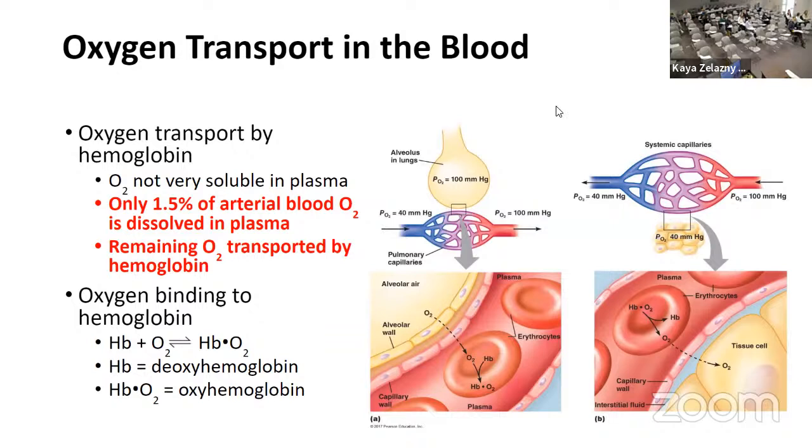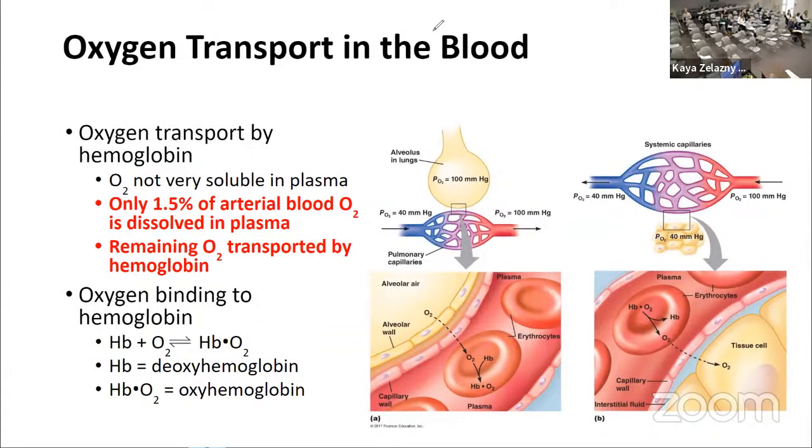Okay, so the way we refer to hemoglobin that has oxygen versus doesn't have oxygen: we have those 4 heme groups where we can bind 4 oxygens, right? And it's not an all or nothing thing, right? You can have 0 oxygens bound, you can have 1, 2, 3, or 4. Okay.